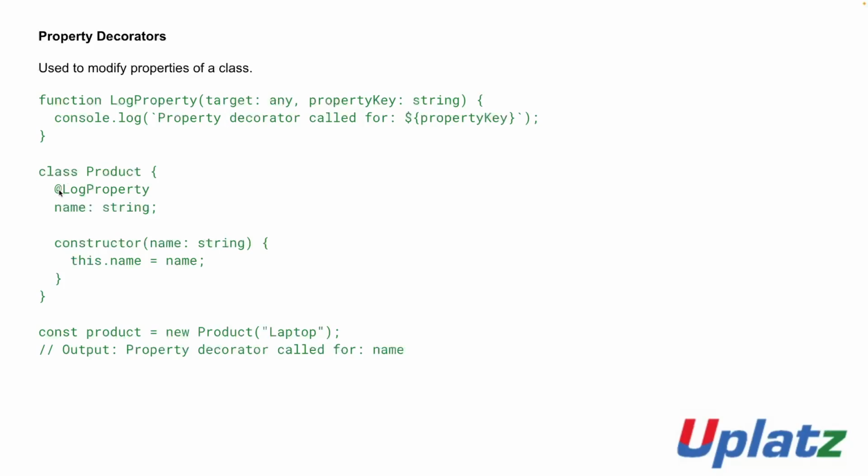Class Product, at logProperty here, name of type string, constructor name of type string, this.name is equal to name. const product is equal to new Product within brackets, within quotes laptop. Property decorator called for name. This is the propertyKey.